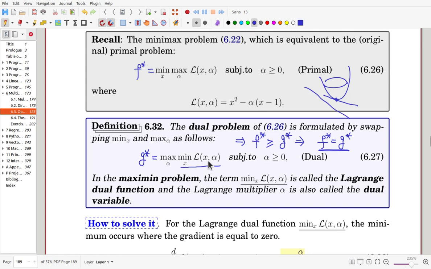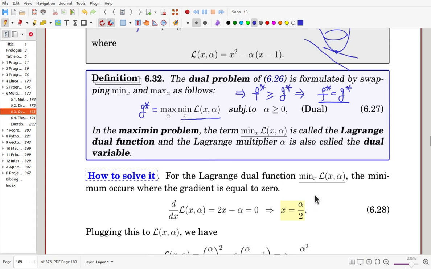Okay. Now, first we try to solve this portion, minimization of the Lagrangian. We can do it by using the quite familiar calculus technique, just a derivative with respect to x. Then we can get 2x minus alpha.